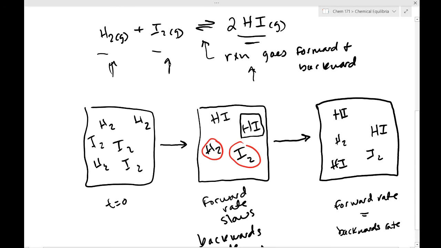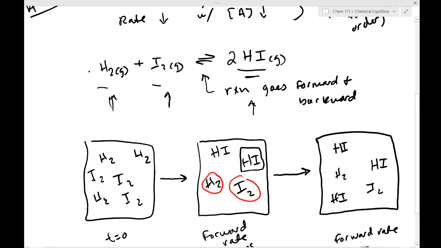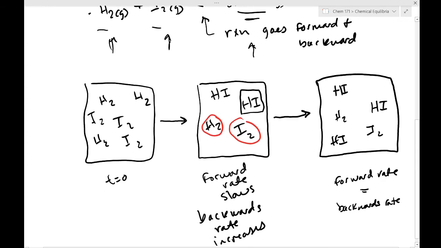That means that as fast as hydrogen and iodine can form HI, HI is decomposing backwards into hydrogen and iodine. So nothing is changing with respect to the concentrations.